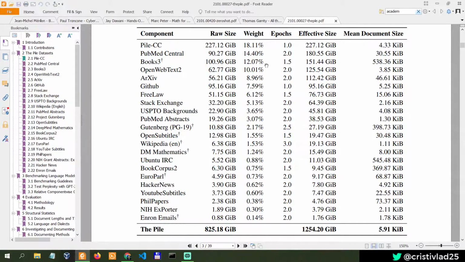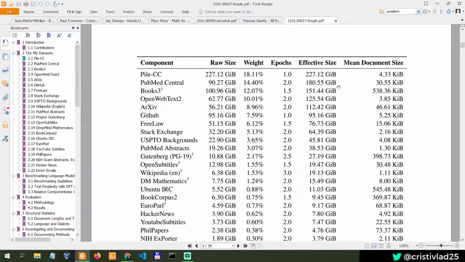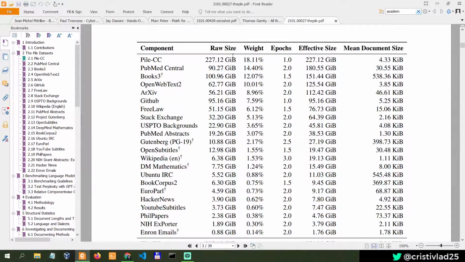We've seen how the distribution is when it comes to the data sets, what the weight of each of them is in the overall distribution in the Pile. So we have the raw size and the effective size. Basically, the effective size is the raw size times the epochs it has been trained.